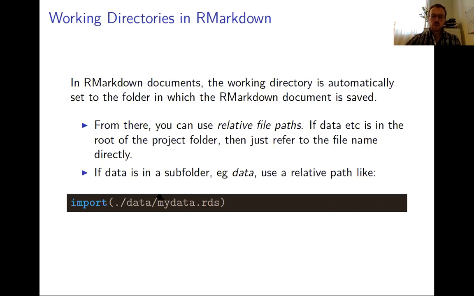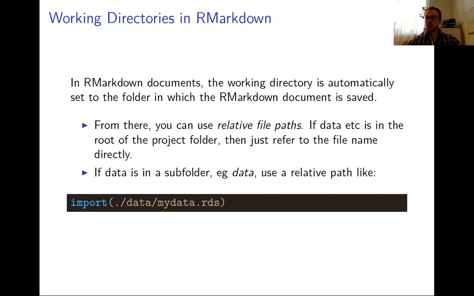And this means anything that you're writing in the code chunks that refers to any folders, for example, when you're saving output or loading data, can be written in a so-called relative file path. And the relative file path, you're just writing where to go from the current position. And the current position can also be in a different folder.